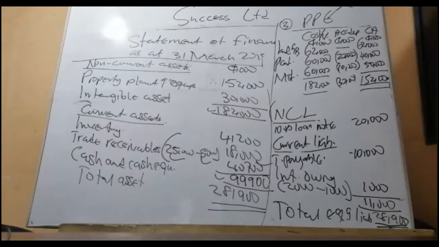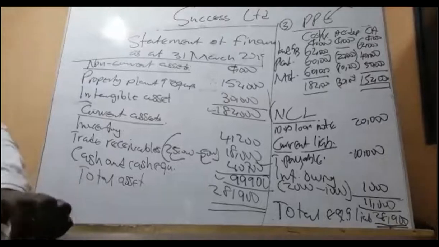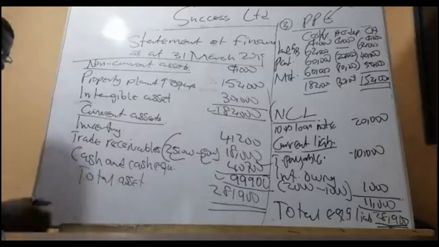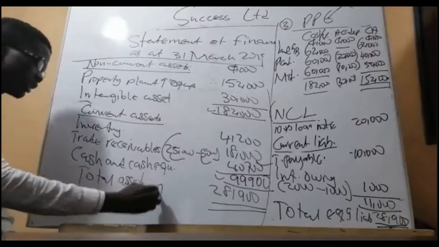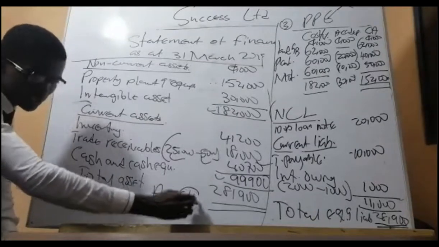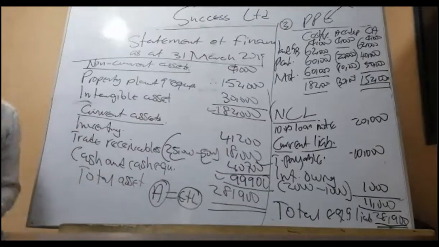Even in exams, if it doesn't balance, don't worry yourself. Exam questions are not meant to be balanced. Because it's the equation, all assets must be equal to equity plus liabilities. So the total of this must be equal to the total of this. Perfect. And that's the end of the game.